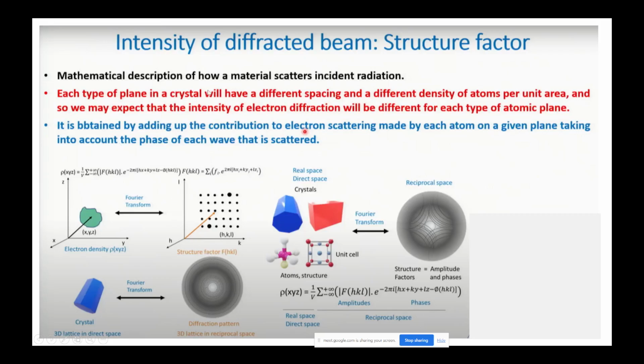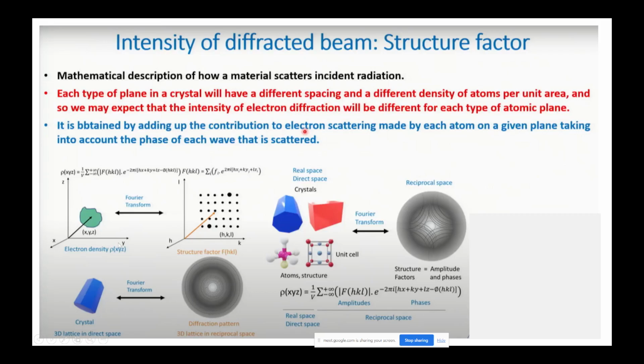Each type of plane in a crystal will have a different spacing and a different density of atoms per unit area, and so we may expect that the intensity of electron diffraction will be different from each type of atomic plane. It is obtained by adding up the contribution to electron scattering made by each atom on a given plane, taking into account the phase of each wave that is scattered.